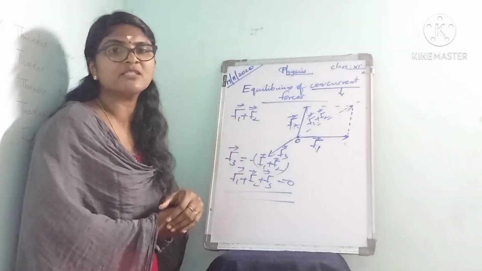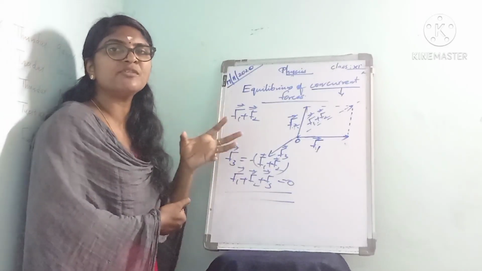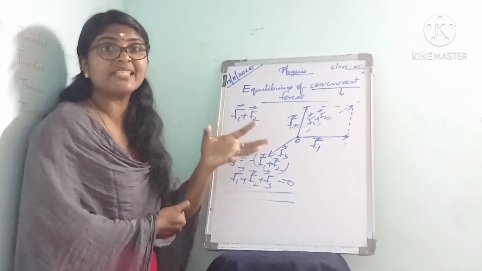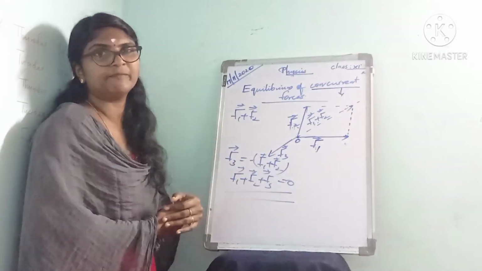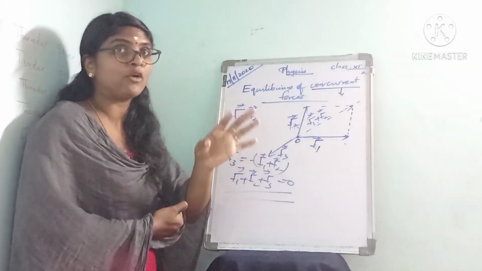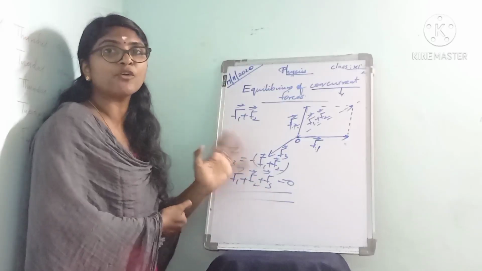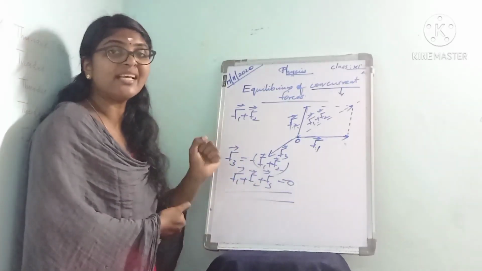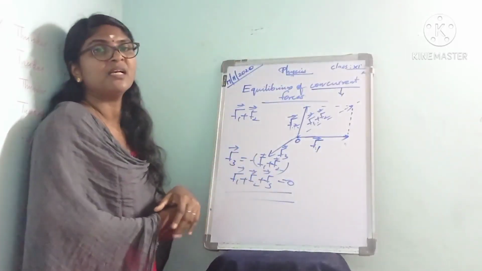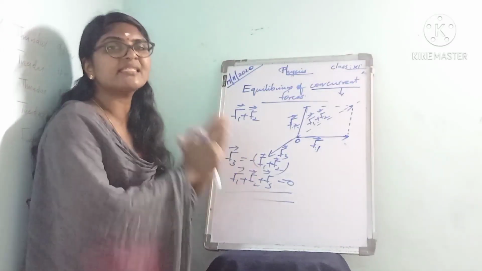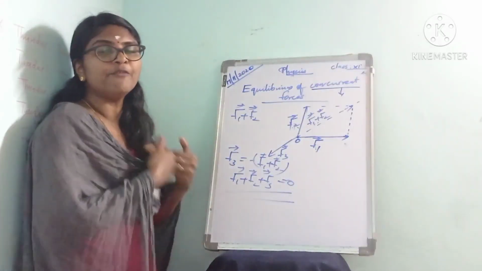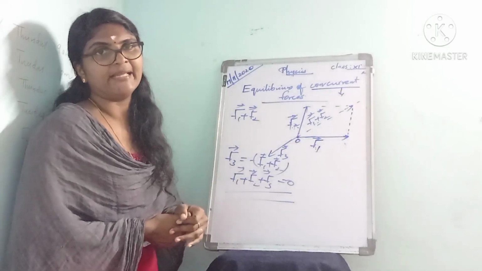Unbalanced force is that which can change the state of rest or uniform motion, but balanced force cannot. Here the unbalanced force is 0, so the body remains in the state of rest or uniform motion along a straight line.